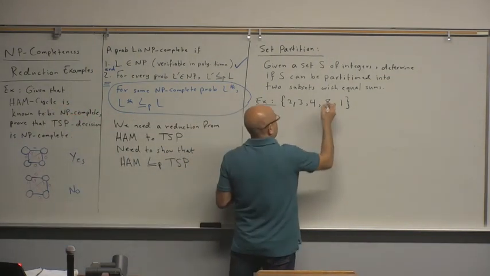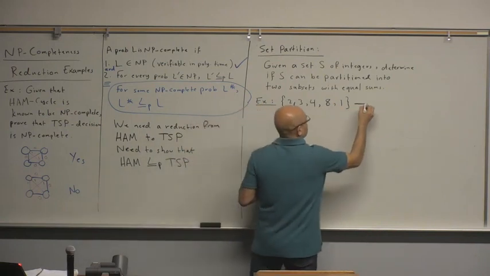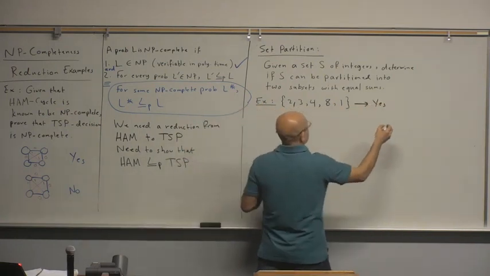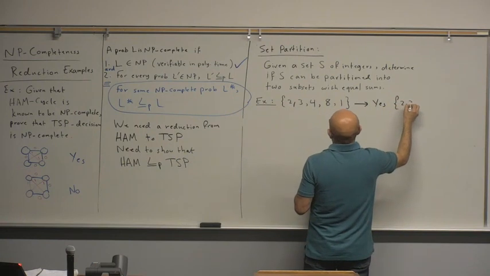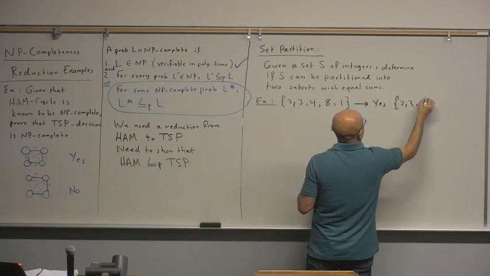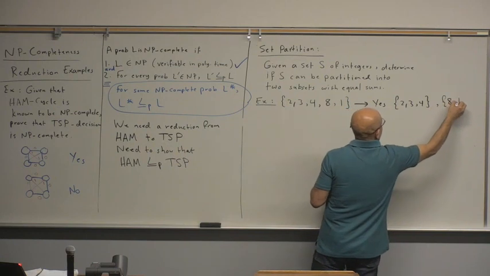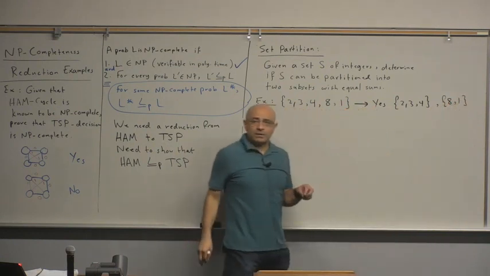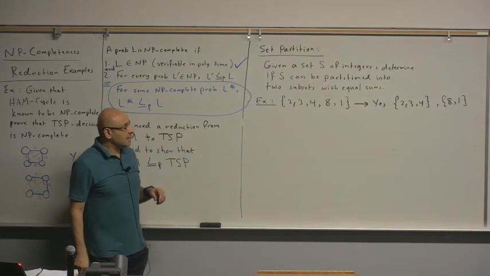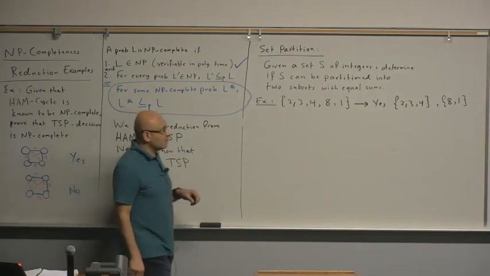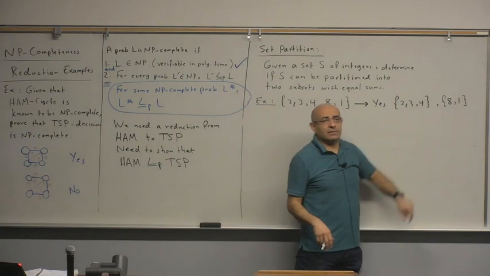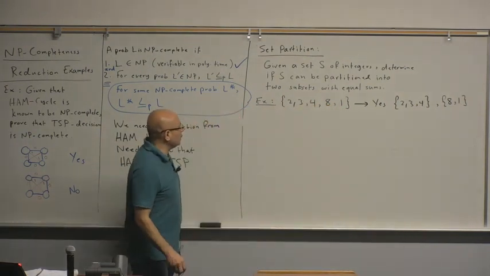Yes. So the answer here is yes. I can partition it into 2, 3, 4, and 8, 1. So I managed to partition this into two subsets with equal sums. So this sums to 9 and this sums to 9. Okay?